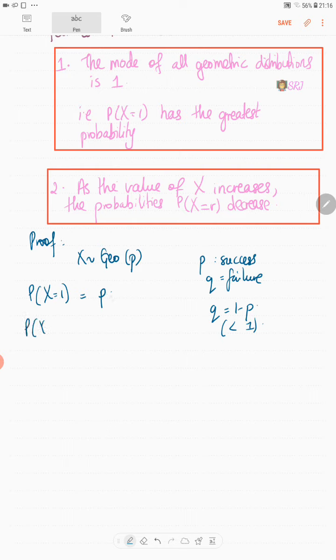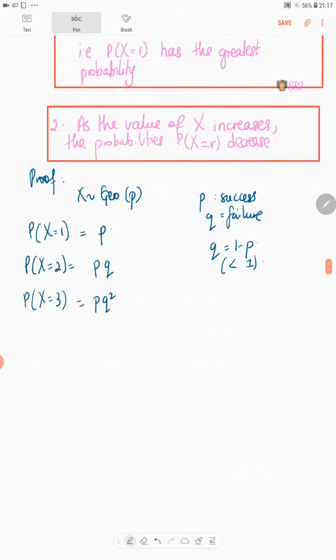Now if we consider probability X is equal to 2, this will become PQ. Next, probability X is equal to 3, this is PQ square, that is 2 failures followed by a success. So probability X is equal to 4, this will become PQ cube.